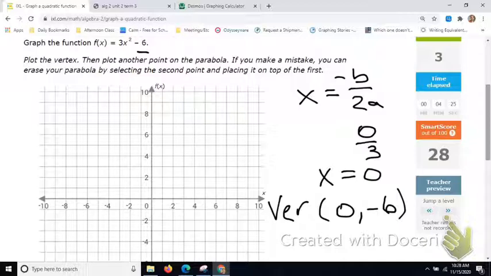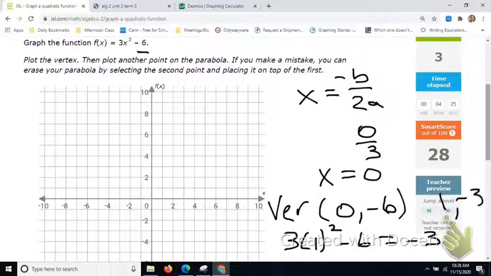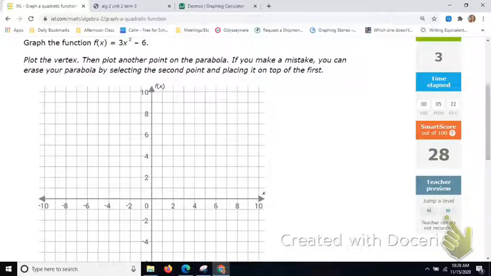And then when I want to find a second point, I'm going to plug in a 1. So 3 times 1 squared minus 6 is negative 3. So then my other point is going to be 1, negative 3. We do have to plot the vertex first on IXL.